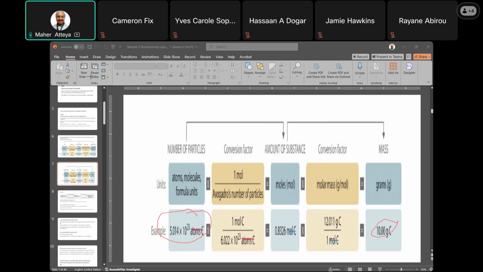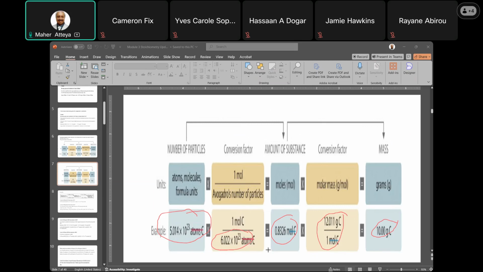So the first thing is you get rid of this large number by dividing by Avogadro's number. Then you have moles, and with the number of moles, you multiply by the atomic mass of carbon.